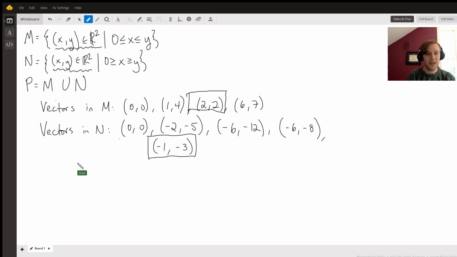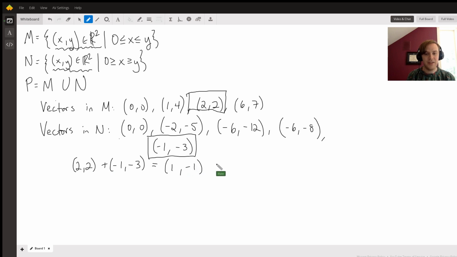But if we add them together, we get (2, 2) plus (-1, -3). The way we add these vectors together is we add the components together. So we add the x components. 2 plus -1 is 1. 2 plus -3 is -1.